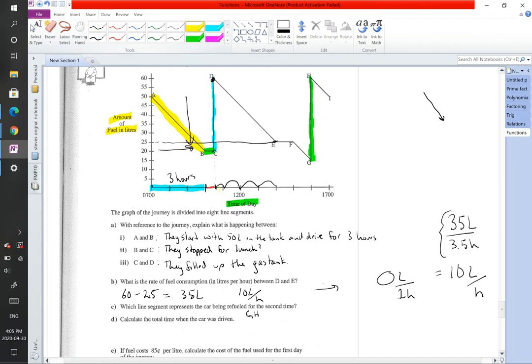Well, we already calculated this one, which was 3.5 hours. And last but not least, we have another segment of driving right here, which is 1 hour. So 3 plus 3.5 plus 1 is they drove for 7.5 hours.